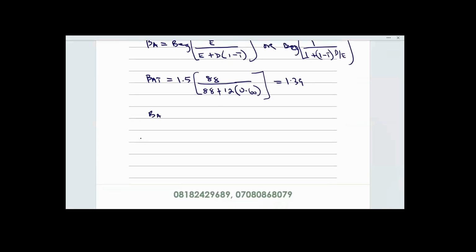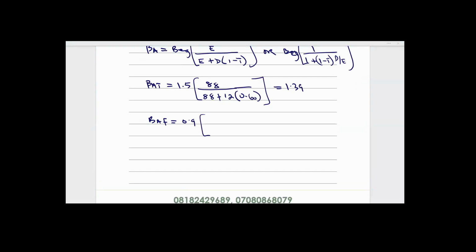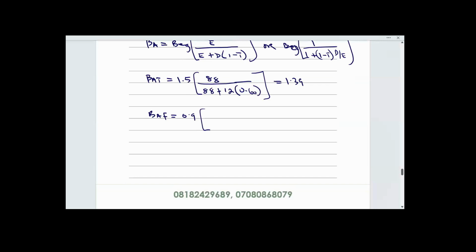Then beta asset of the financial service will be equal to 0.9 multiplied by the debt equity ratio of financial service, which is 25%. So debt is 25%, equity is 75. So equity is 75 divided by 75 plus debt of 25. 1 minus tax will give us 0.60.